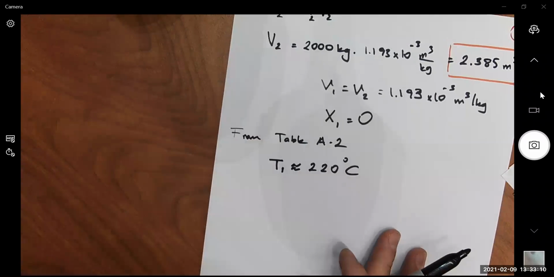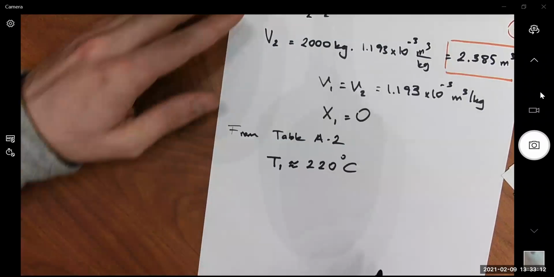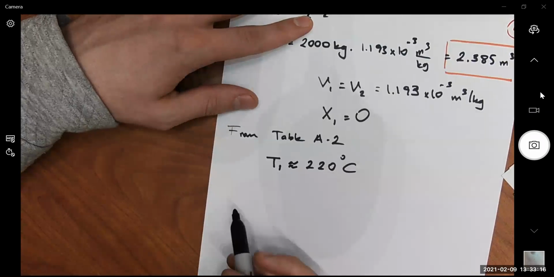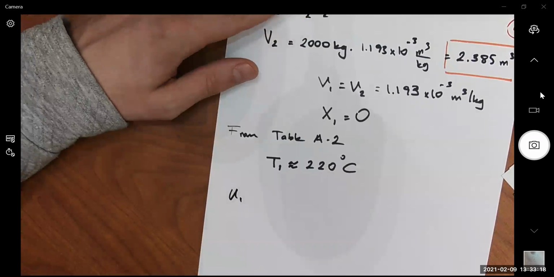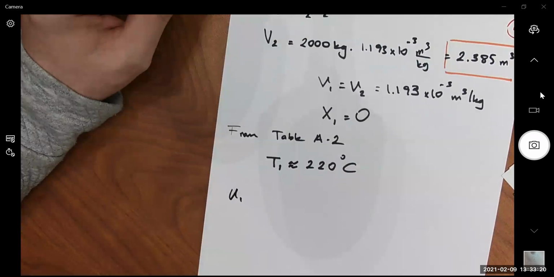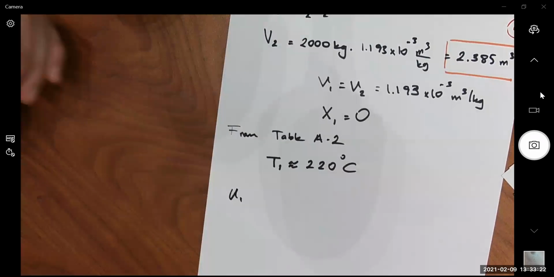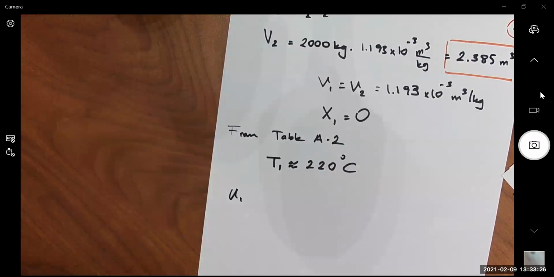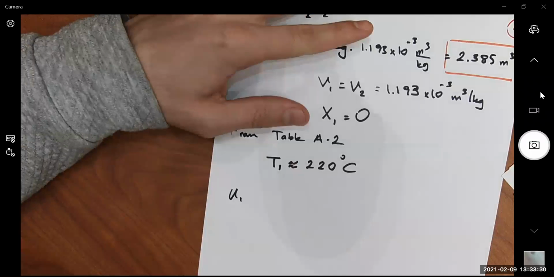All right, let's continue. I know my temperature at state one now, and I need my internal energy, entropy and enthalpy. I can find whatever I need, but I need internal energy in this case, because I'm going to calculate heat transfer in kilojoules.